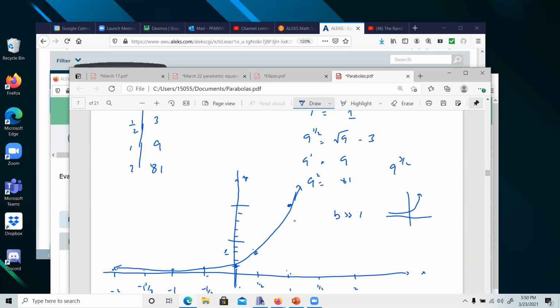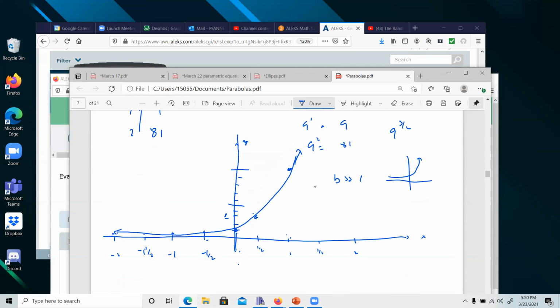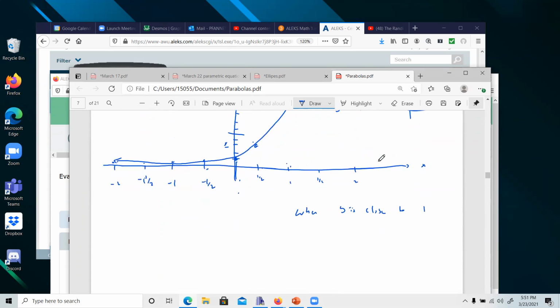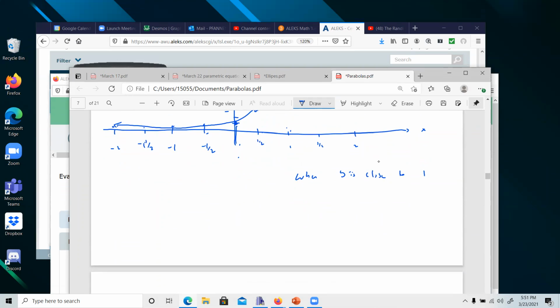And when I mean a big number, I mean like 5. 5 is a big number. 9 is huge. 10 to the x is a very common thing to deal with, but that's almost an L, or backwards L. When b is a smaller number, when b is close to 1, even 2 is kind of a big number. I mean, when I say close to 1, I mean like 8/7 or 3/2. Then we're going to get a much gentler bend here. It's going to look more like something like that.